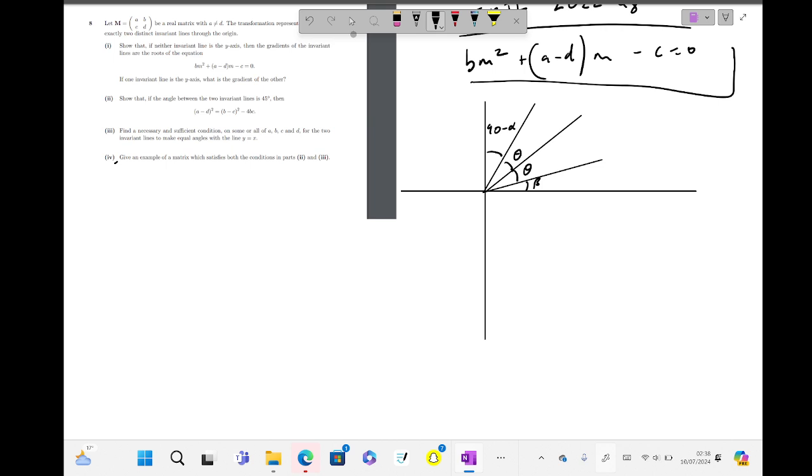If this angle here is beta, then we don't really care about these 2 thetas here. We only care about this angle here, which is 90 minus alpha, because like I said earlier, this angle here is alpha. Actually, I guess you do need to consider the reflection now, because it is a reflection, beta equals 90 minus alpha. So if 90 minus alpha equals beta, then we can take the tangent of both sides.